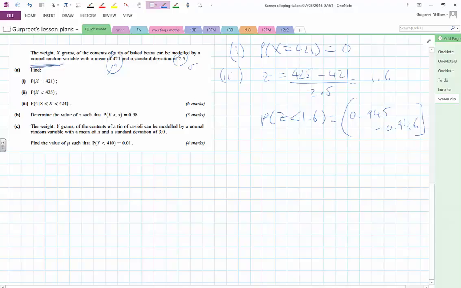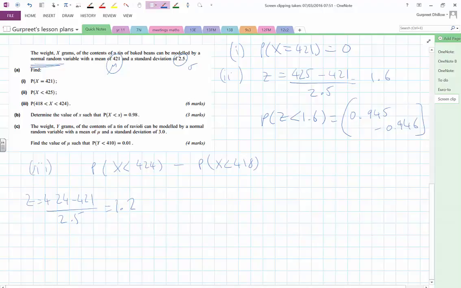And for part 3, the way you do questions like this, remember you do the upper bound minus the lower bound, and then standardize both your numbers. So for the 424, do 424 minus 421 over 2.5, that's 1.2.